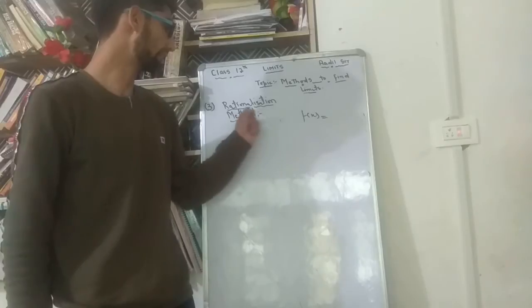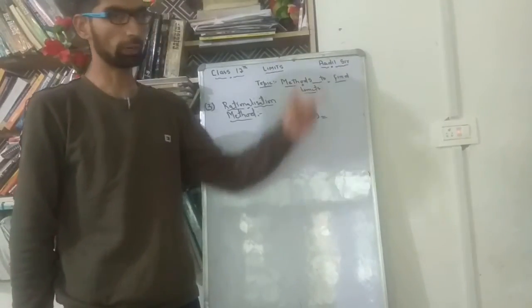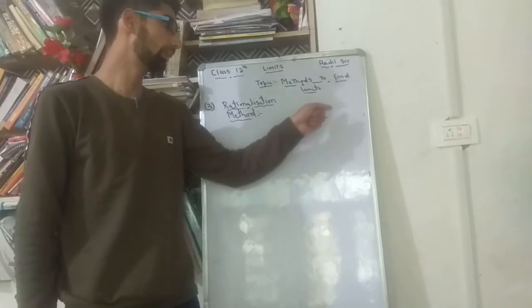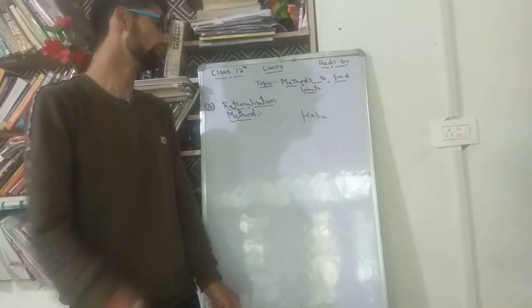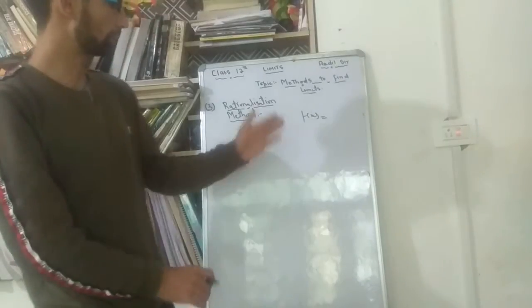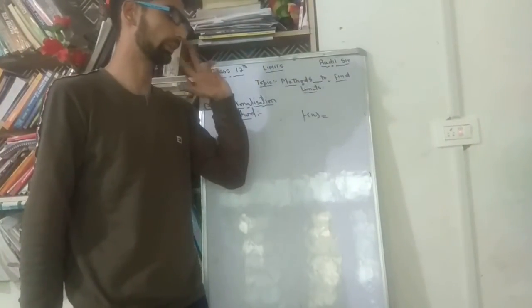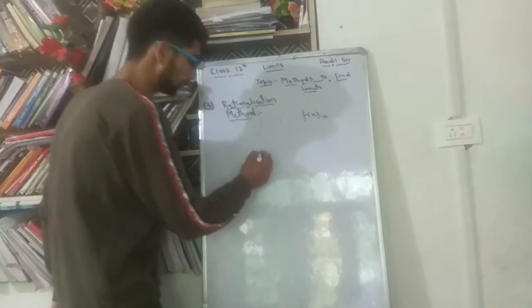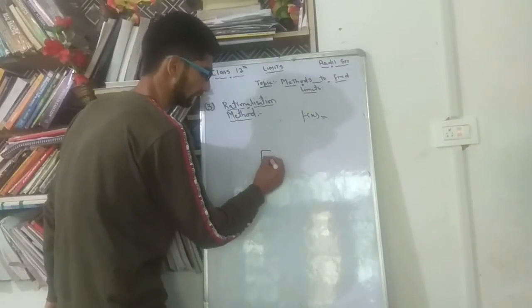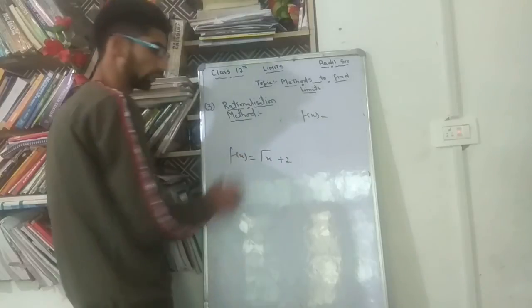If we have to rationalize the denominator, then we multiply both numerator and denominator by the conjugate of the denominator. But if we have to rationalize the numerator, we multiply both by the conjugate of the numerator. For example, if we have under root x plus 2.